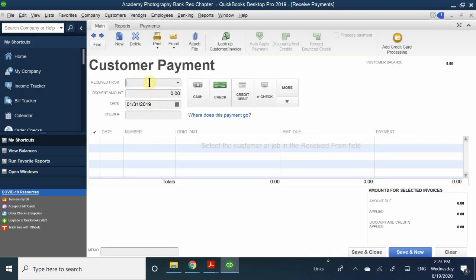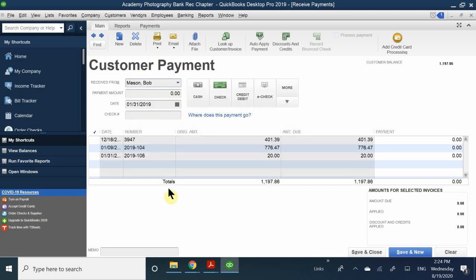So I'm going to type in Bob Mason and show all of this. Yes, as you can see, it took out the 11. I see what he did. He paid us a full check, a combined check to pay for the two invoices.